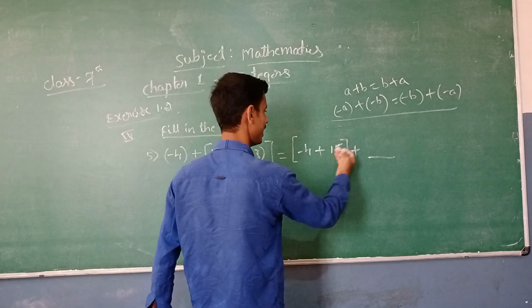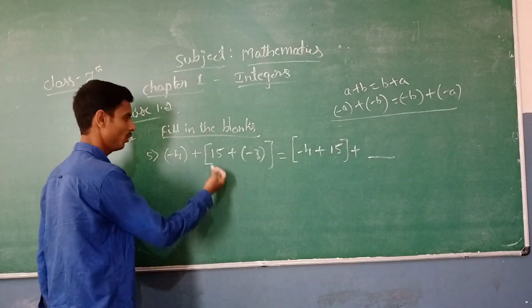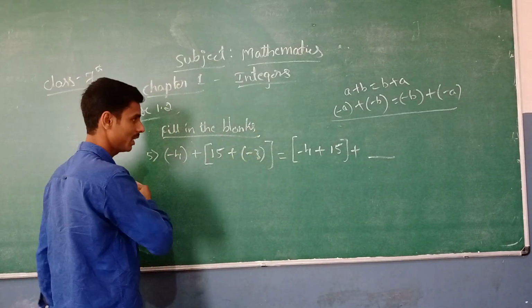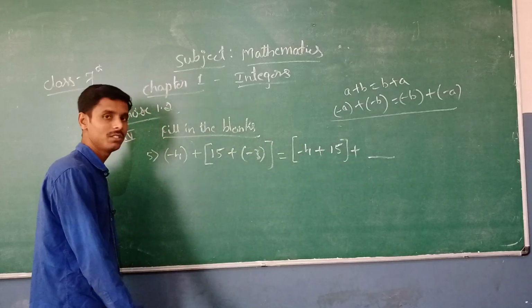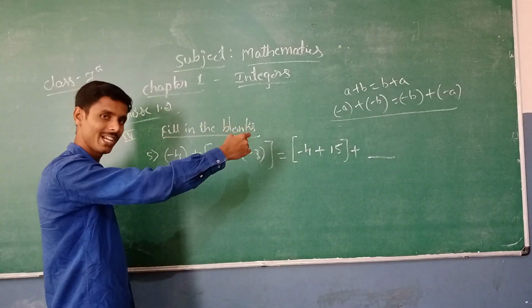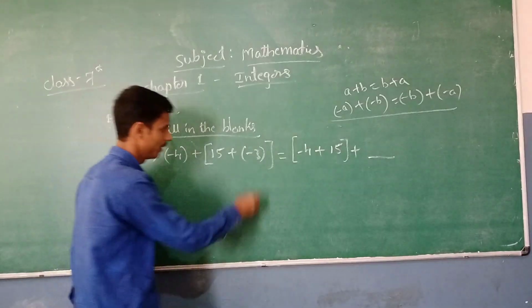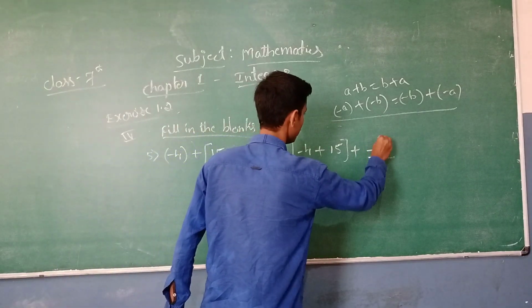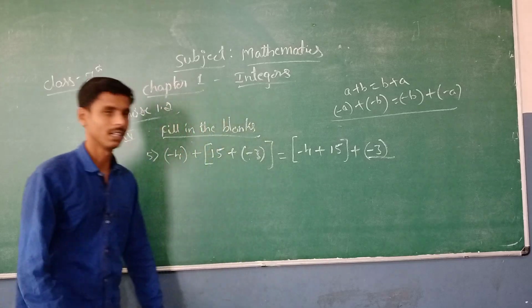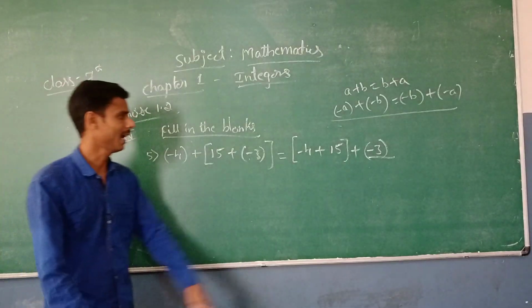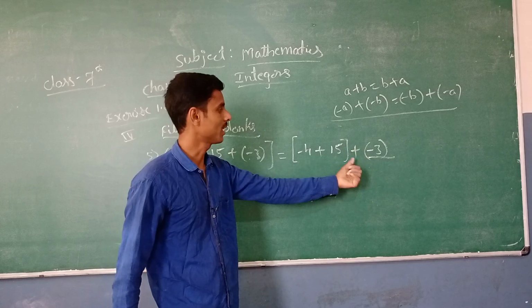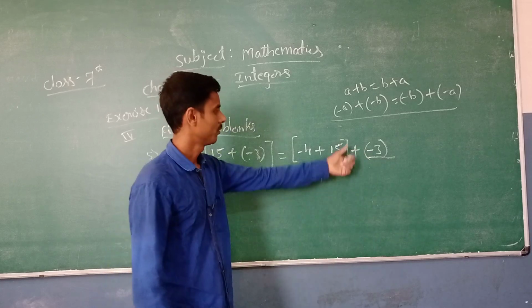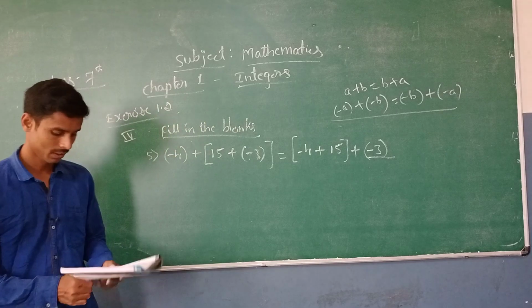The bracket is for 15 and minus 3 on the left hand side. Here the bracket is for minus 4 and 15. That means this is also the associative property. We should write minus 3 with the bracket. Clear? We have to put the bracket because minus is here. We can't write sign after sign. We should put the bracket.